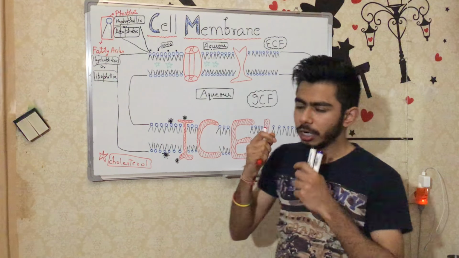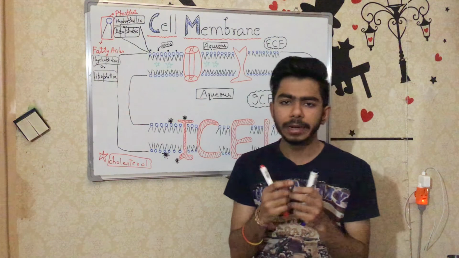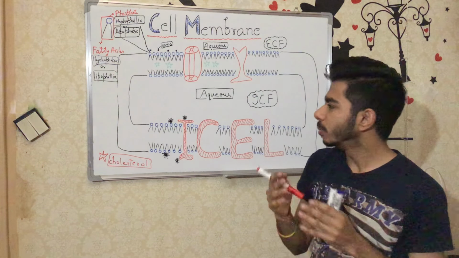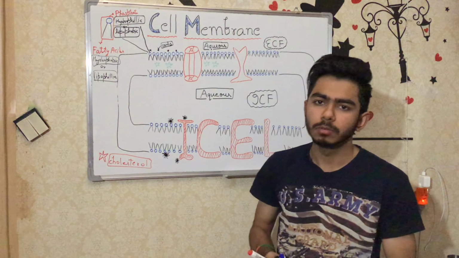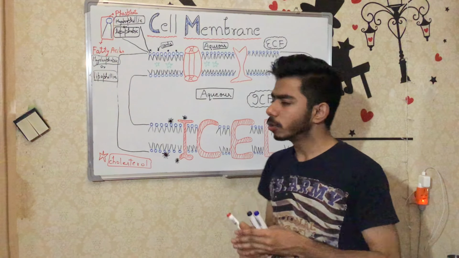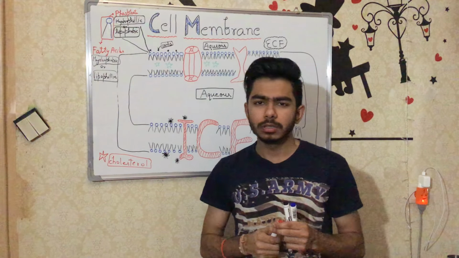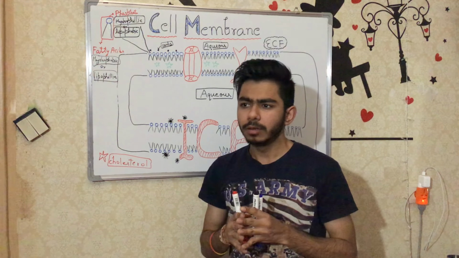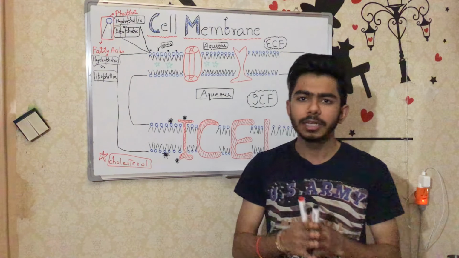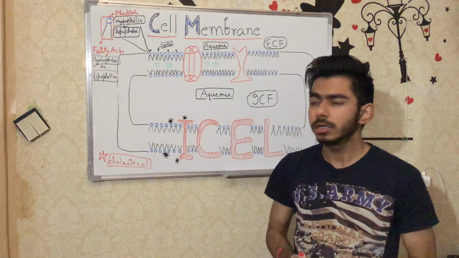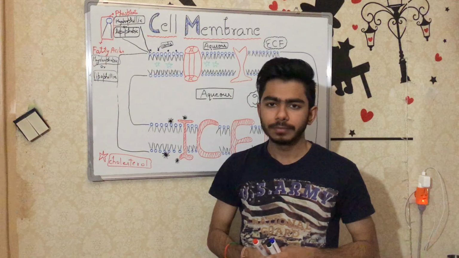Lipophilic substances, lipid loving substances, can easily penetrate the cell membrane as compared to water soluble substances. Also very small molecular substances, those which have very low molecular weight, can easily pass through the cell membrane or plasma membrane.